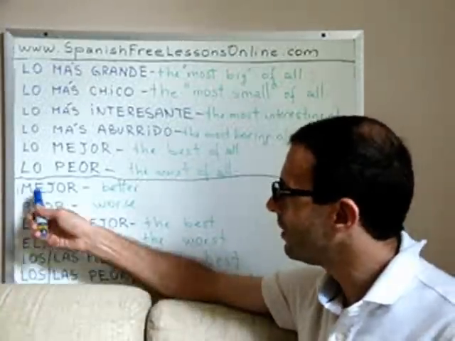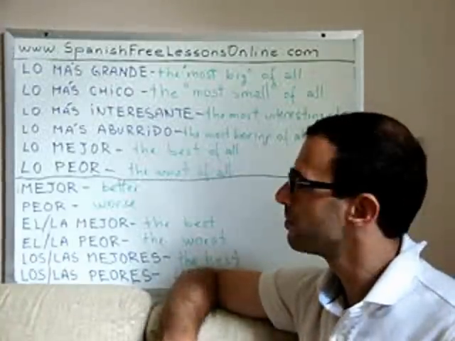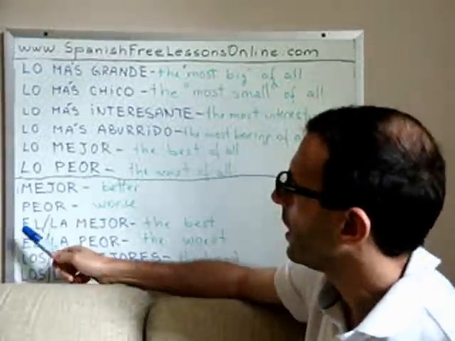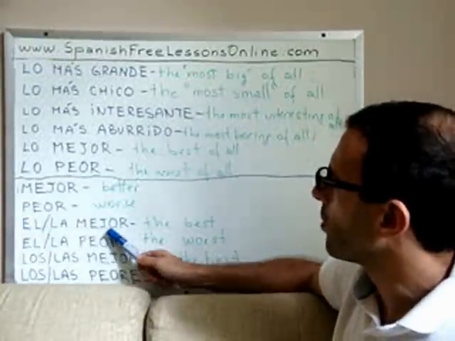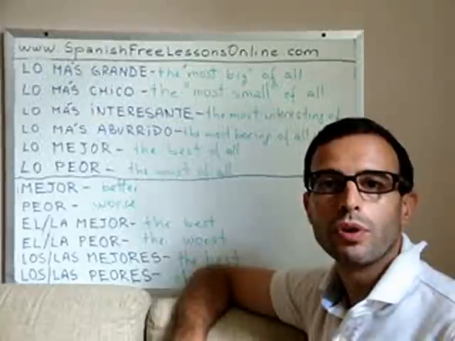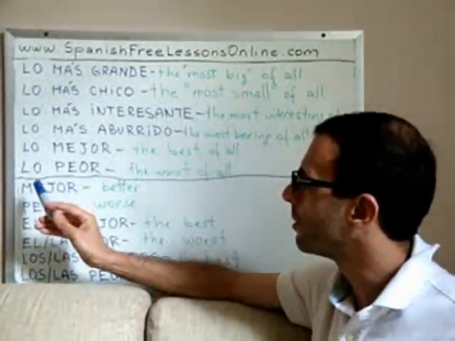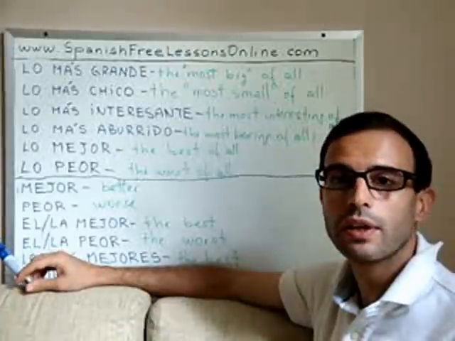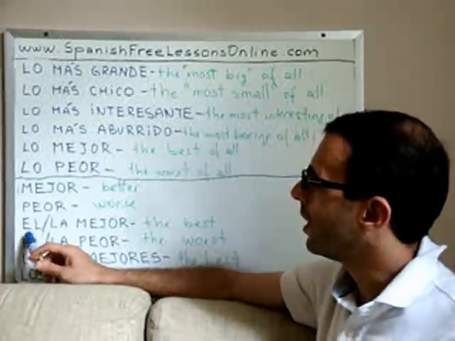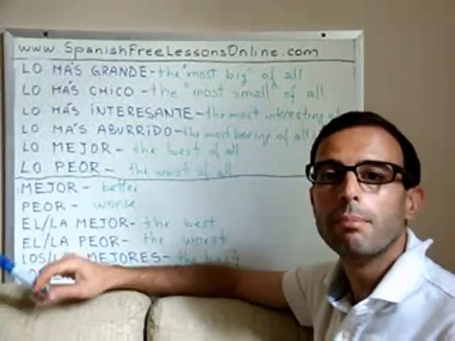So these two words behave the same as in English. You just say the best, el mejor. Only that in Spanish the words for best and better are the same, mejor. The only thing that changes is that you add an article before mejor, and it is the best.